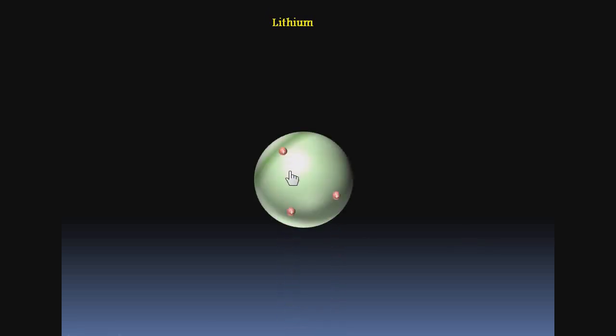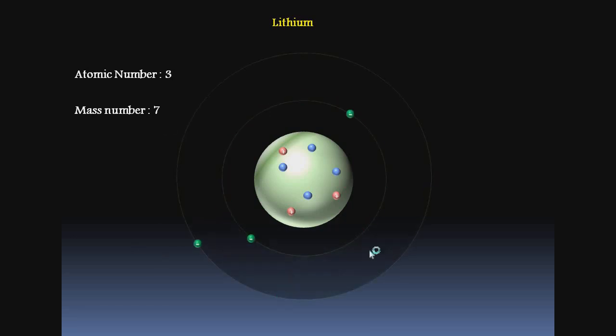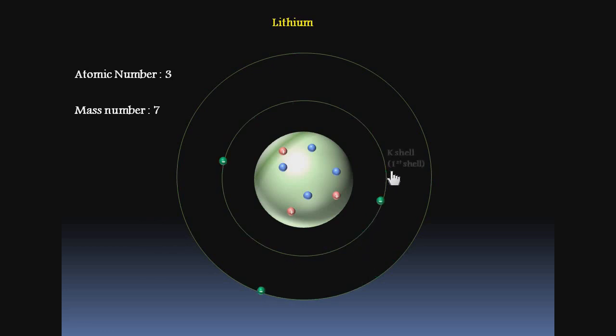Now the third element is lithium. It has 3 protons, so atomic number is 3, 4 neutrons, total number of nucleons is now 7, because 3 protons and 4 neutrons, so mass number is 7. It has 3 electrons. The 2 electrons are revolving in the first shell, that is K shell, and 1 electron is revolving in the L shell.